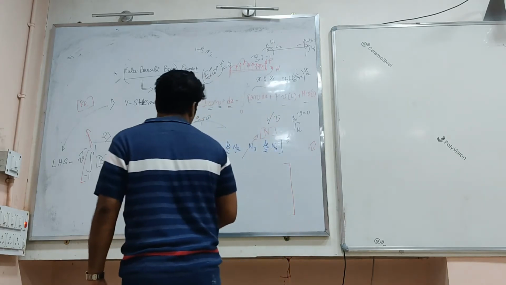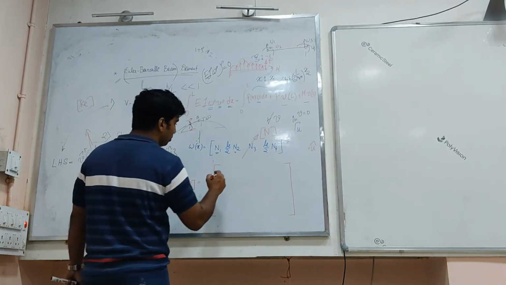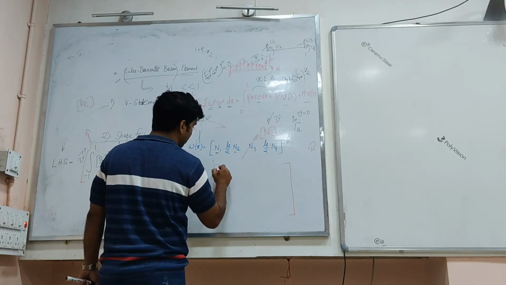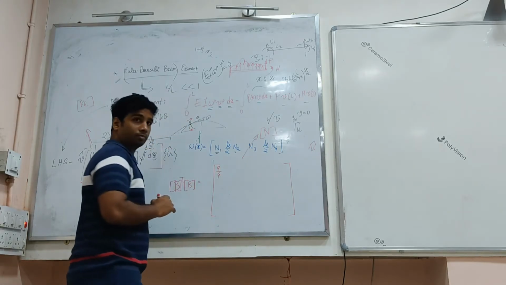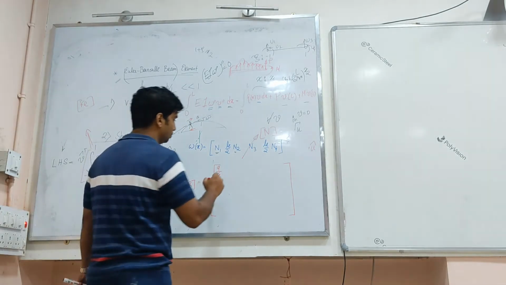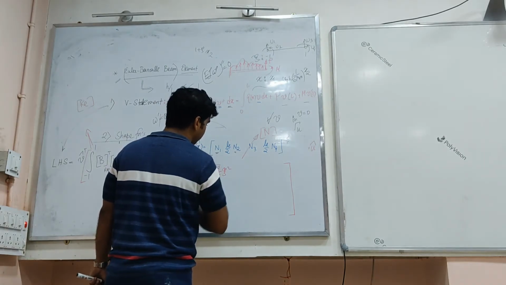For example, the first term should be 9 by 4 xi square.